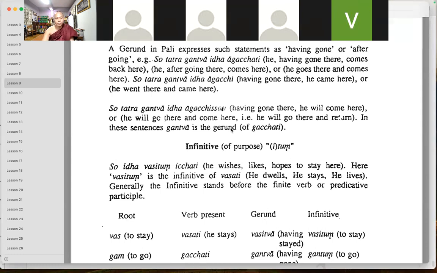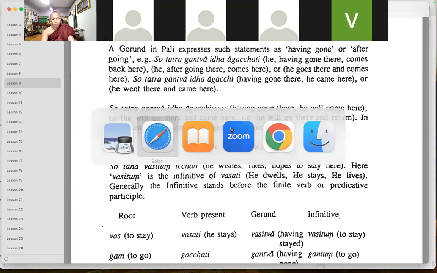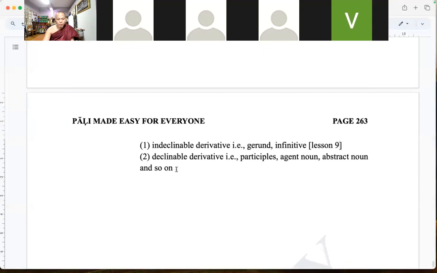And then the other declinable ones are in the lessons. So, for example, past participle is in lesson 15, and the present participle is in lesson 22.